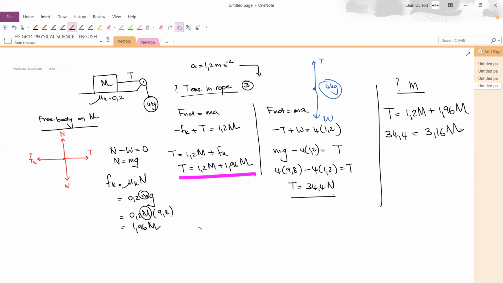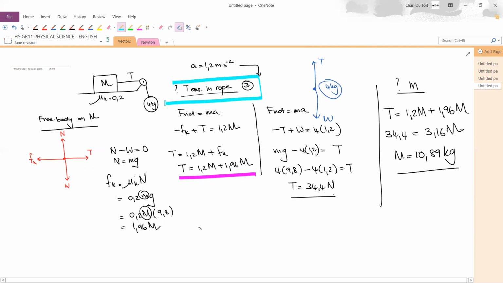And the mass is 10.89 kg. Right. So basically what happened here, we overthought this first part. It would have been just 3 marks, and then the question on what is the mass would have been like 5 marks.